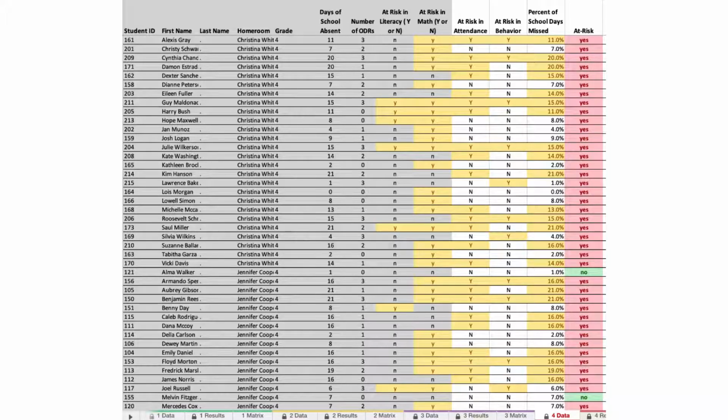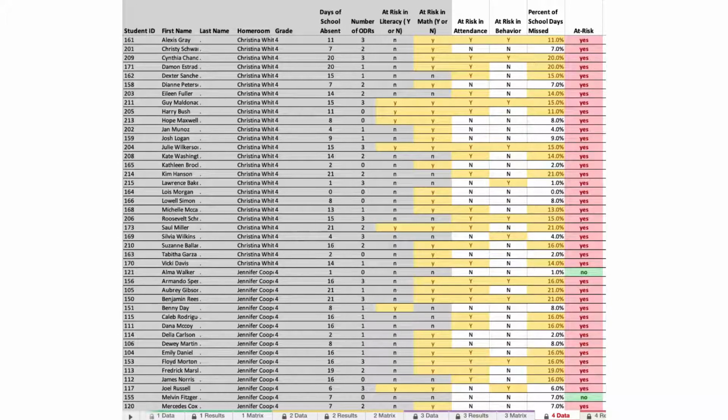What you see here is names of students, teacher names, days of school absent, numbers of office discipline referrals, all of which can be pulled from PowerSchool. The columns of at-risk in literacy and at-risk in math are dichotomized, either a yes or a no of risk, and they must be entered by the user.